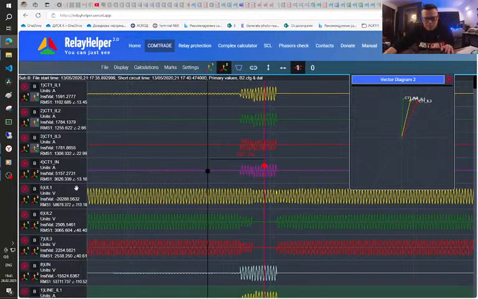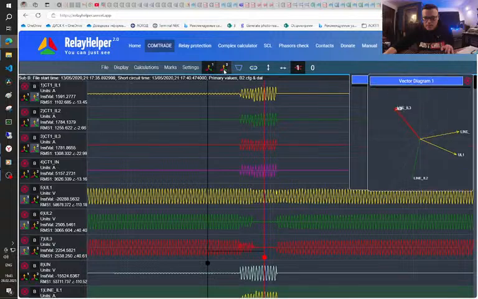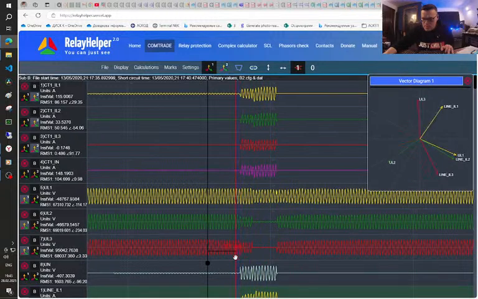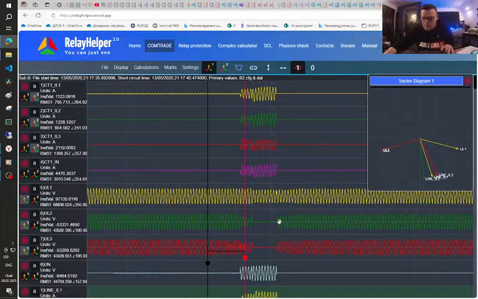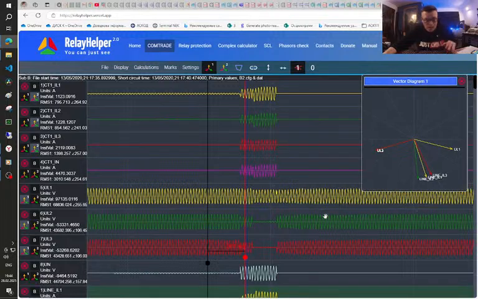I don't understand, something goes wrong. Okay. You know, but what you can already see are very strange vector diagrams, and it's difficult to understand what's happening at this moment.